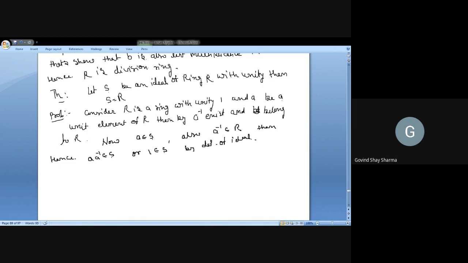We have to prove that if S is an ideal of ring R with unity, then S is equal to R. So consider R is a ring with unity 1 and a is a unit element of R. Then the inverse exists, so we can say that a inverse exists.